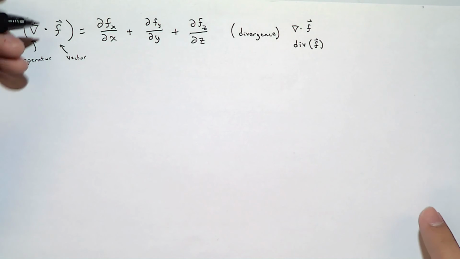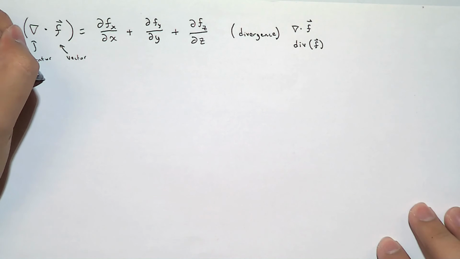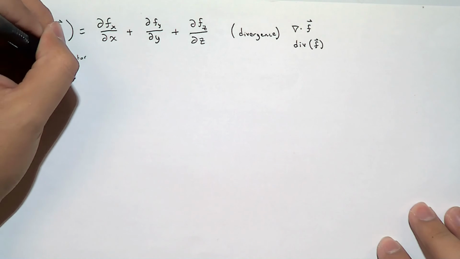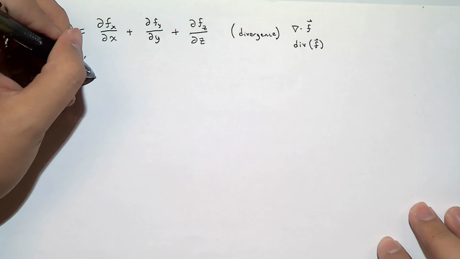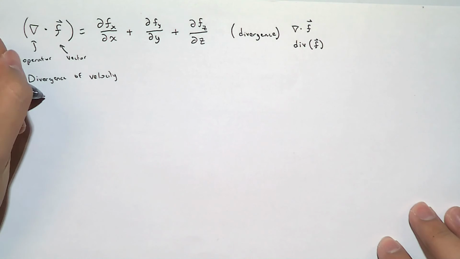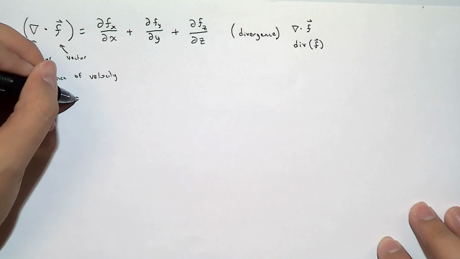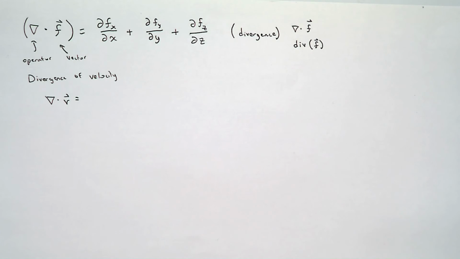In other words, if we were to find the divergence of a velocity field, which is just del dot v, the greater the deformation, the bigger this number. And the smaller the deformation, the smaller this number.